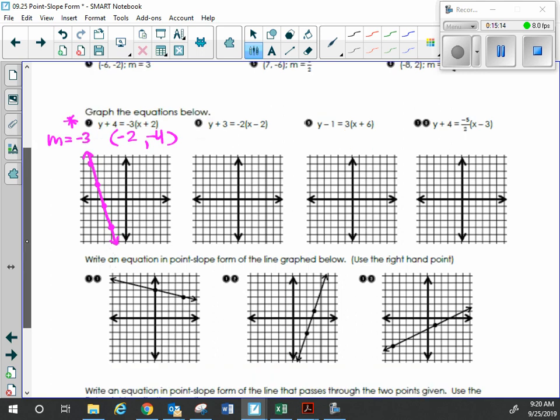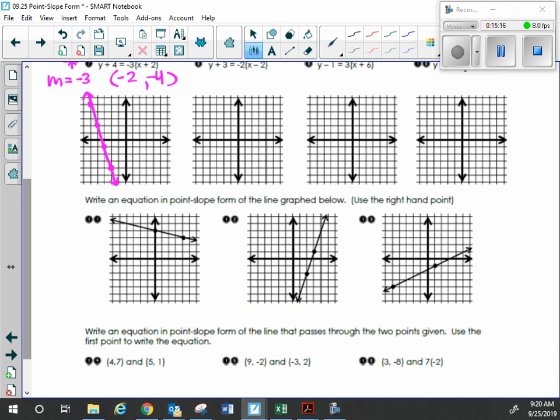Alright? So then same thing if the graph is given. If it says use the right-hand point, so let's do this first one together, number 11. If the right-hand point is right here, we need to find out what is that point first of all. So 1, 2, 3, 4, 3. And then my slope, what's the slope of that line?